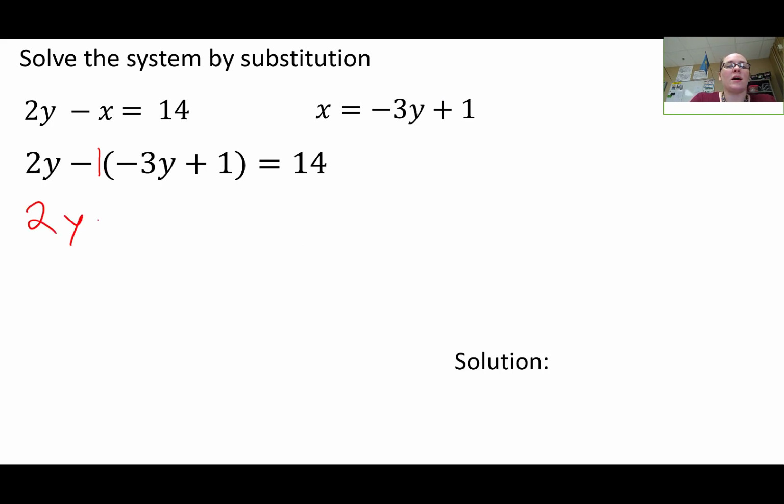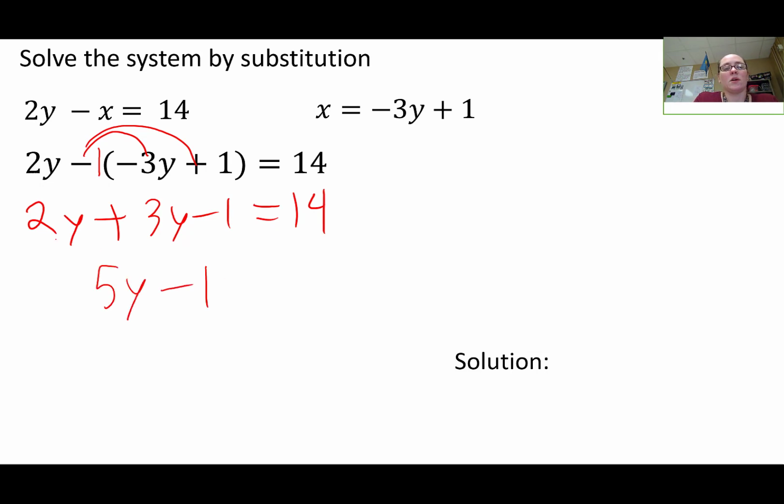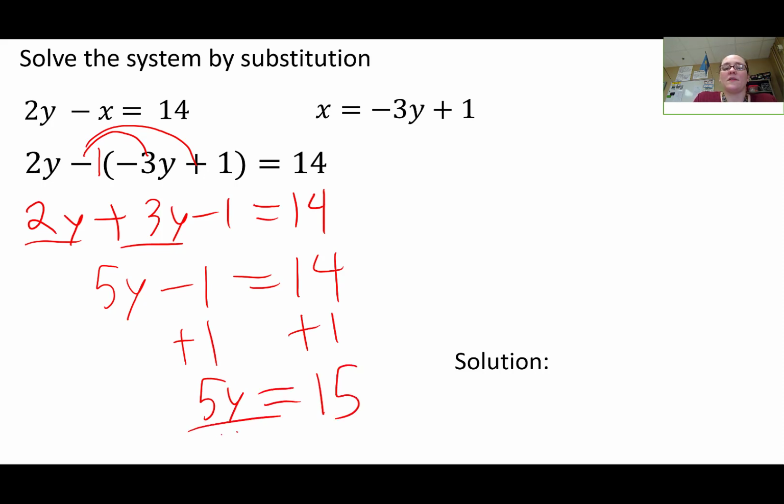So it gives me 2y, distribute that negative 1, gives me plus 3y minus 1 equals 14. So 2y plus 3y gives me 5y minus 1 equals 14. Add 1 to both sides, and 5y is equal to 15. Divide both sides by 5, and I get y is equal to 3.